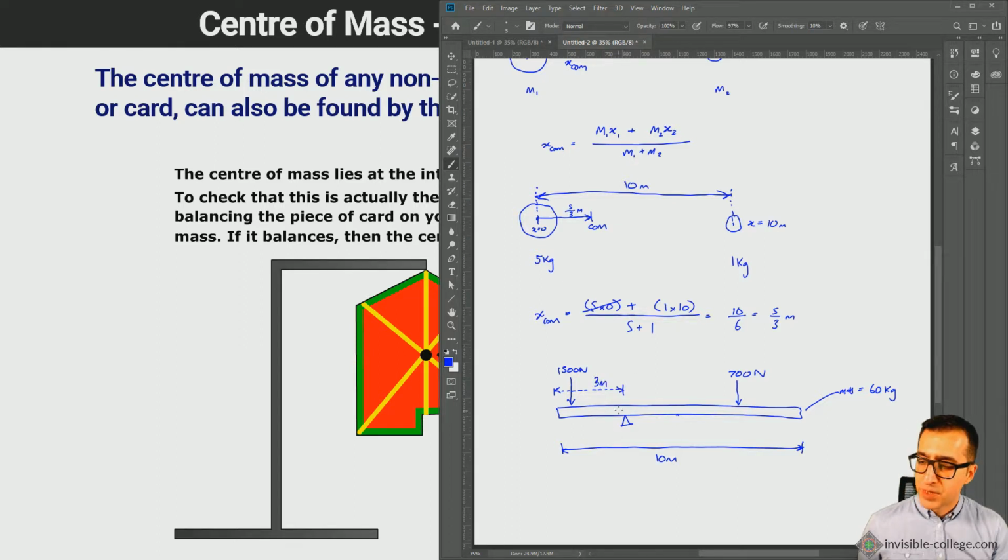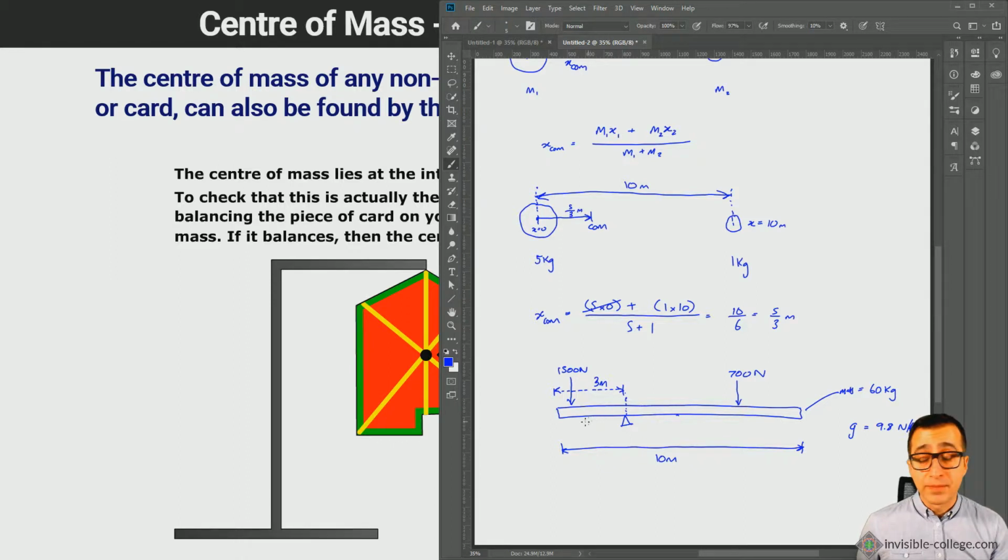I'm not drawing this to scale. So this is where the pivot point is. Now, given what we've already talked about centers of mass, and let's assume that this plank is a homogeneous, symmetrical body. It has a mass of 60 kilograms. Let's say that the gravitational field strength is 9.8 newtons per kilogram, or meters per second squared.